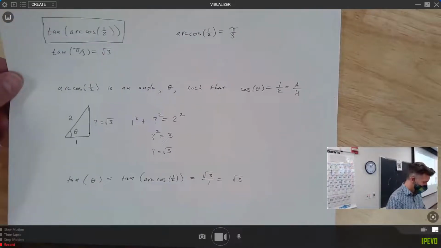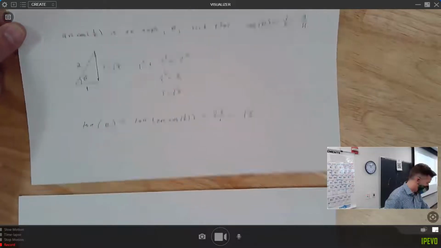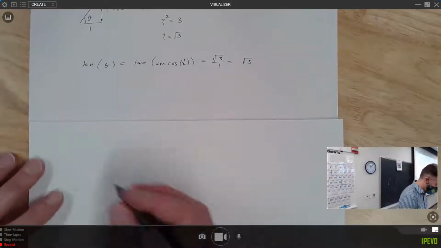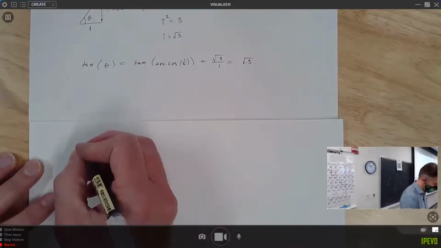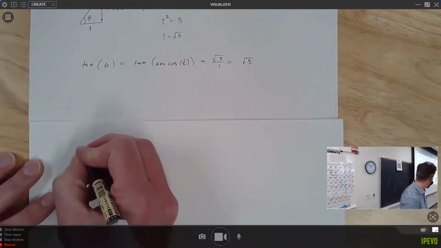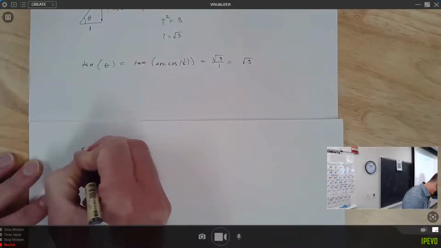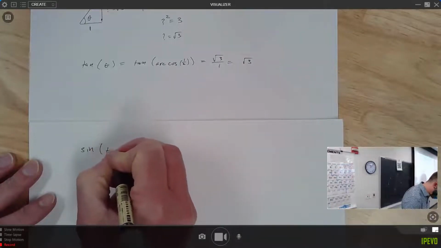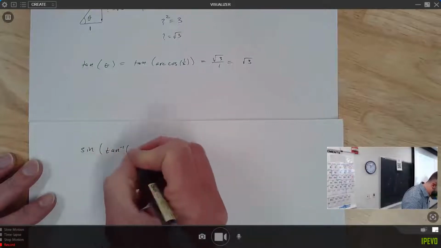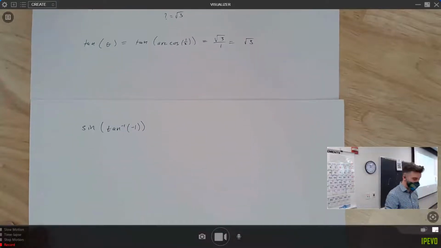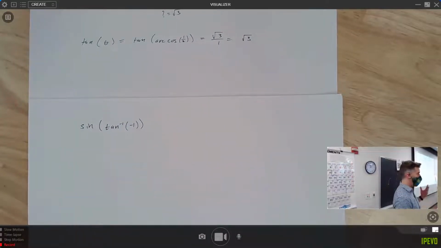In a similar way, I could ask you something like, I'm trying to make it interesting, let's say I want to find sine of inverse tangent of -1. Again, you totally could actually know what inverse tangent of -1 is, but I'm going to pretend like I don't.